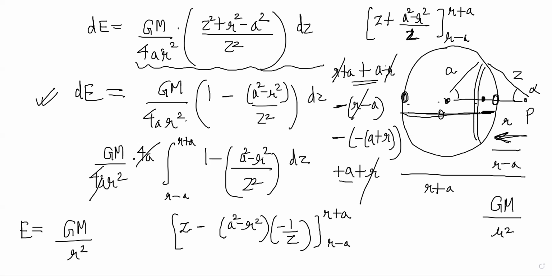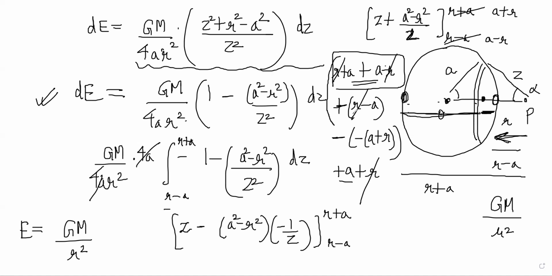Now the limit is from a minus r to a plus r. Everything is just the same, a minus r to a plus r. And when you do that, the first two terms are the same. The only thing that changes here is when you do minus, you have to do minus a minus r.